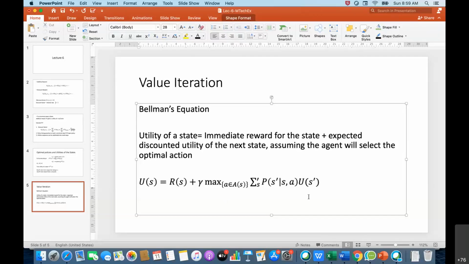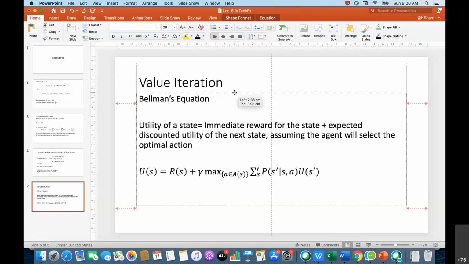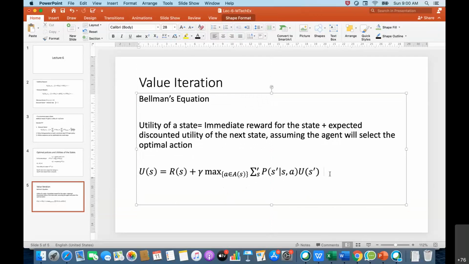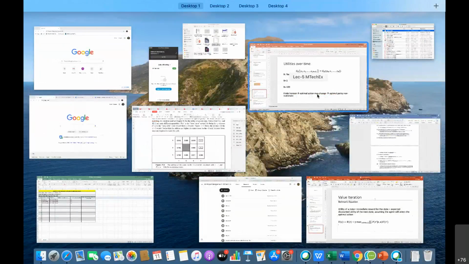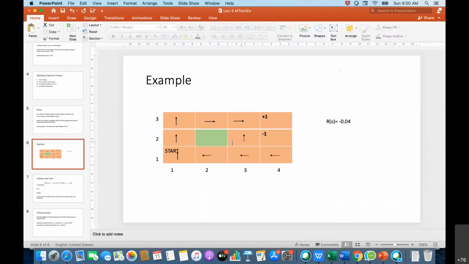Now, let's again consider the example that we showed in our last class. For the sake of simplicity, I think we should draw that box here.